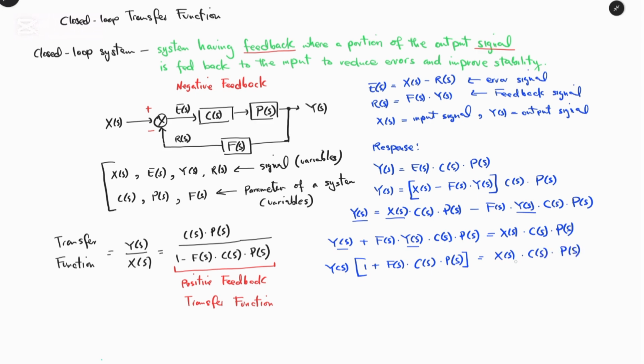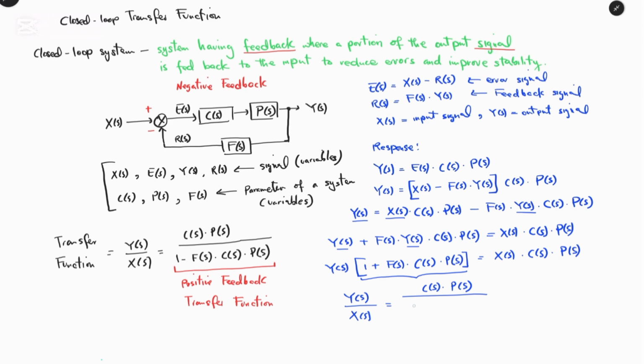So we want the X of S and Y of S to be on their own, so they represent the transfer function. So we have Y of S divided by X of S, and we now have the C of S dot P of S, and we bring this portion to the other side.